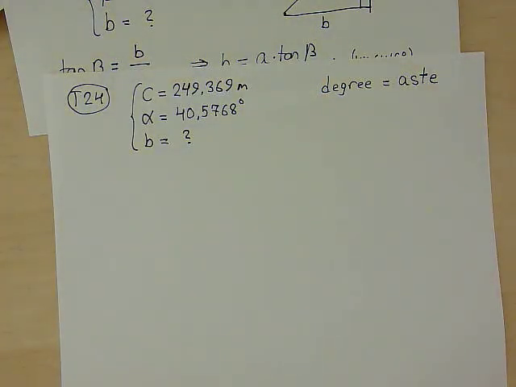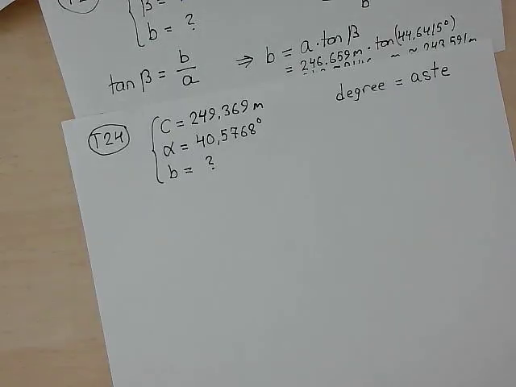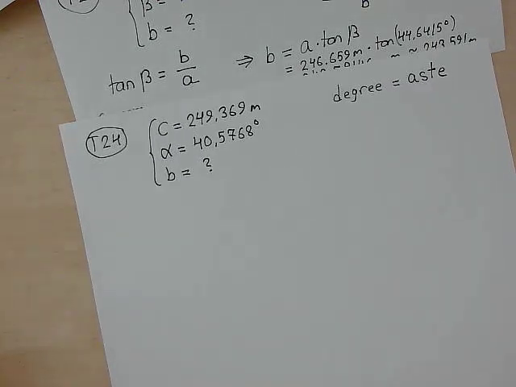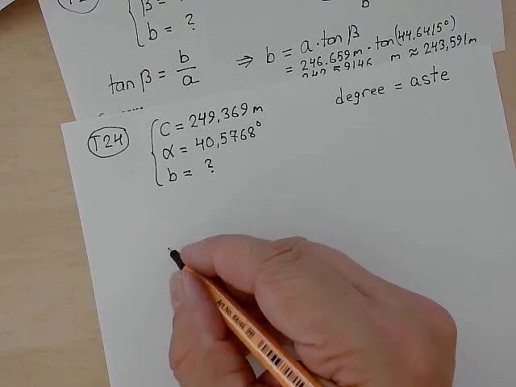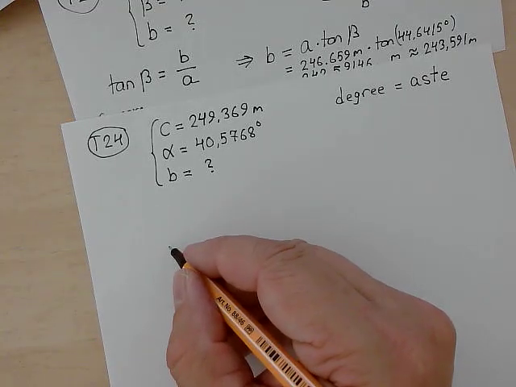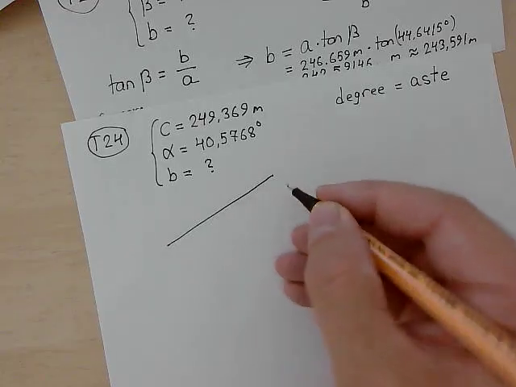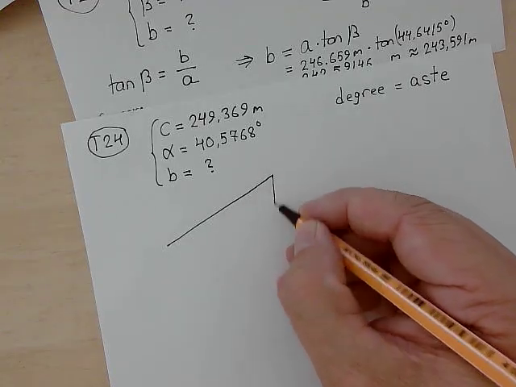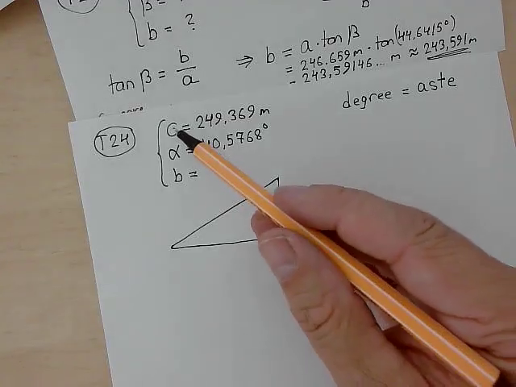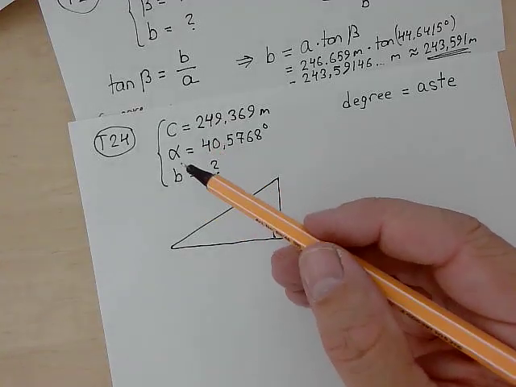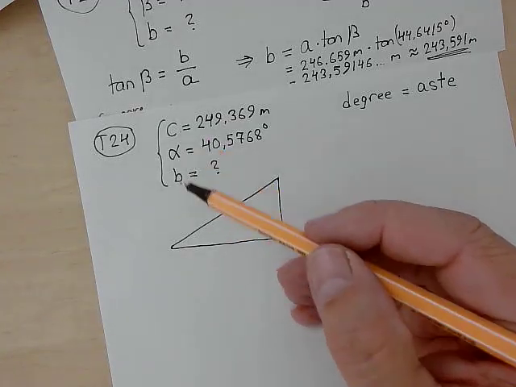Yeah. So let's draw the triangle again. That one is close, is alpha. Now it is easy to see that, because there are 3 letters here, C, A, B, if you think like that.